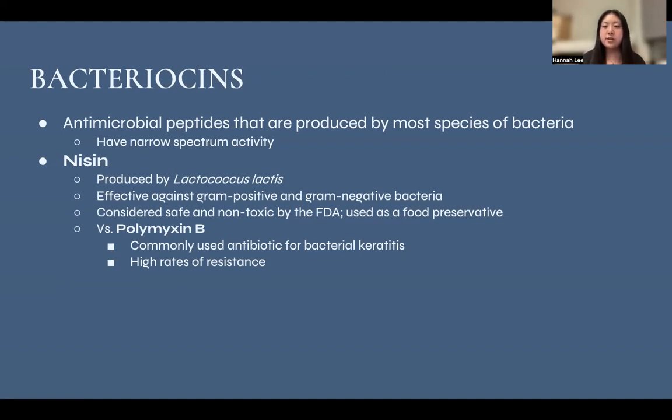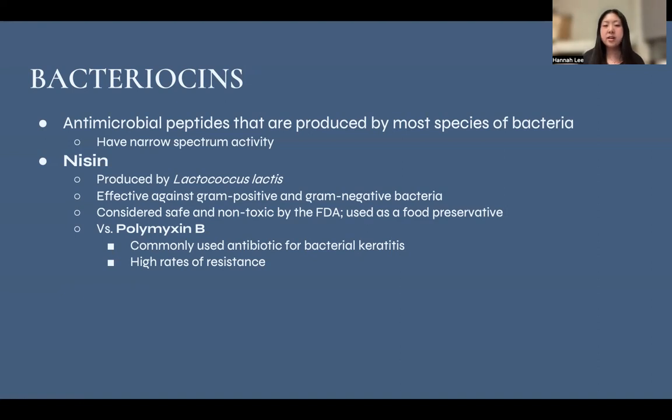One bacteriocin that we use in the Riley lab is nisin, which is produced by Lactococcus lactis. Nisin has shown a lot of efficacy against gram-positive bacteria, but also gram-negative bacteria. By the FDA, it's been considered safe and non-toxic because it's been used as a food preservative, so it's not foreign to the body.